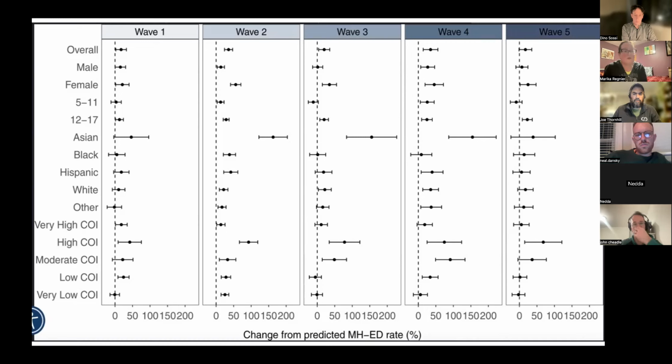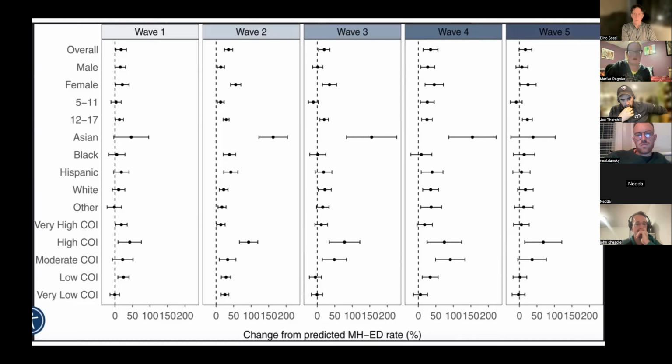But then what I thought was very interesting is the COI, Child Opportunity Index. When you look at this, you see the children in, I'm assuming, very high COI neighborhoods, maybe they had a lot of buffer from the effects of a COVID lockdown.